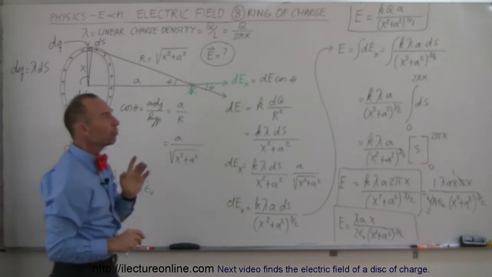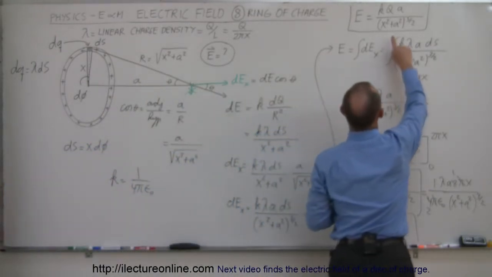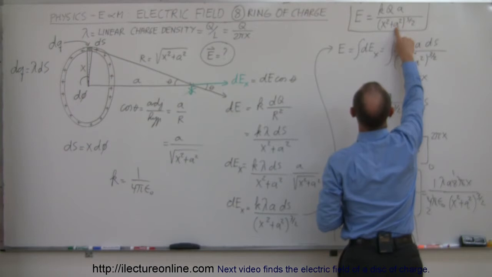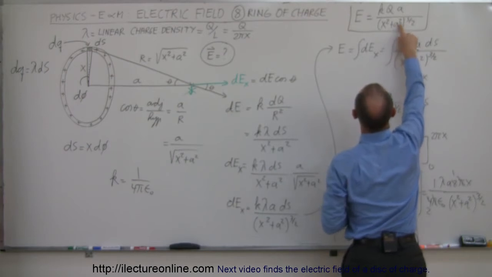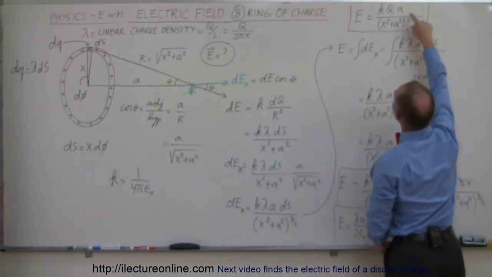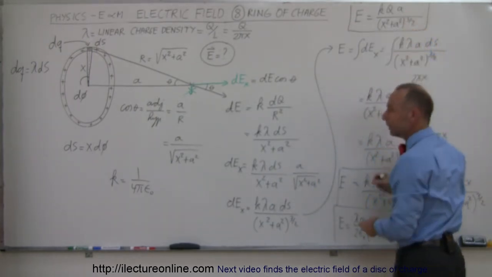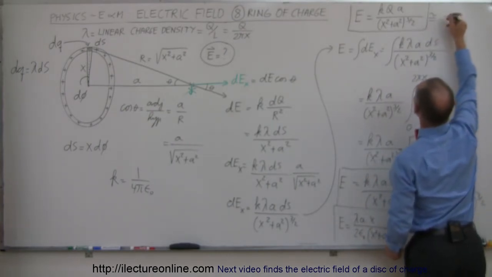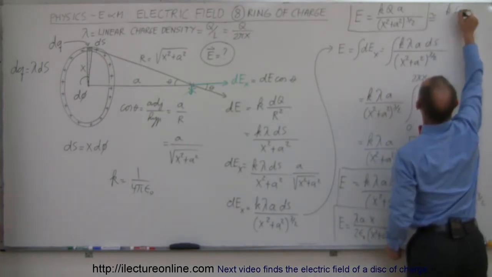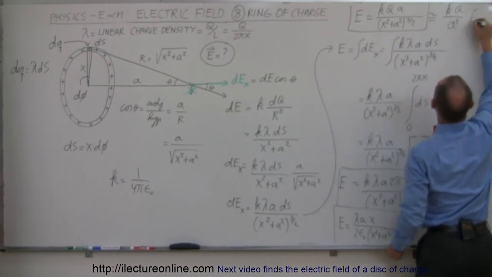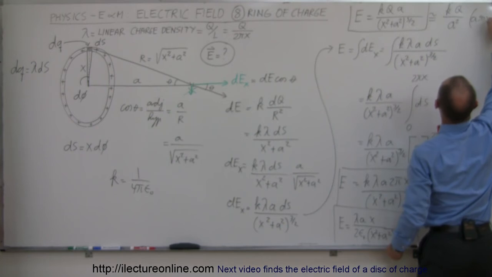Well, if a becomes much, much bigger than x, then x can be ignored. a will then become very large, and then a squared raised to the 3/2 power becomes a to the 3rd power, and then a divided by a to the 3rd power becomes a to the 2nd power in the denominator. So this is approximately equal to kq divided by a squared for the condition where a is much, much larger than x.